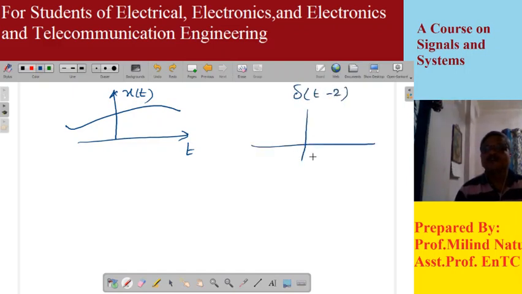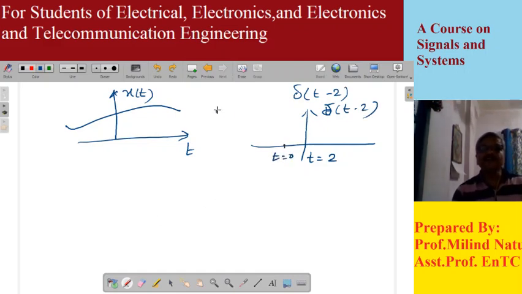Here this impulse occurs not at 0 but at t equal to 2, and this is denoted by delta of t minus 2. Now when I multiply these two signals, which sample will I receive? Obviously the sample which exists at t equal to 2, because at t equal to 0 the impulse is not present now.